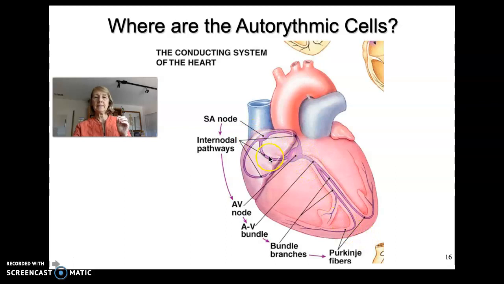So that depolarization hits yet another node. Node means a group, a bunch of those cells, that is situated here, at the base of the atria, beginning of the ventricle. And that is going to be sufficient to radiate all the way down the septum and up the sides.